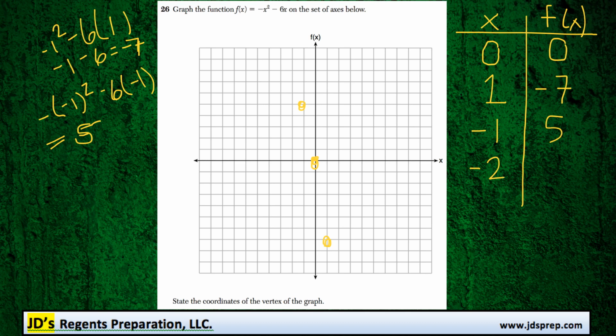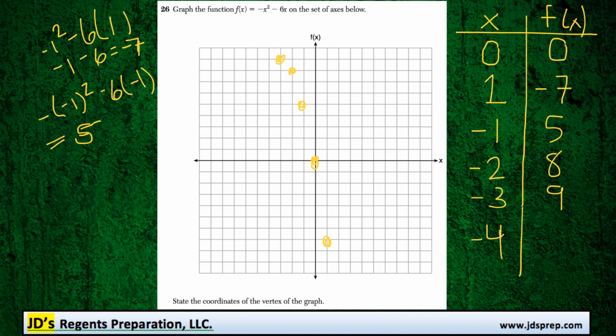And you just kind of keep going along this process. So the next one, if x is negative 2, you should get an f of x value of positive 8. So that's going to be 3 higher. When x is negative 3, you get a y value, an f of x value of 9.